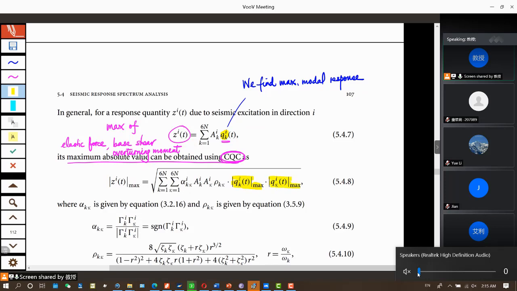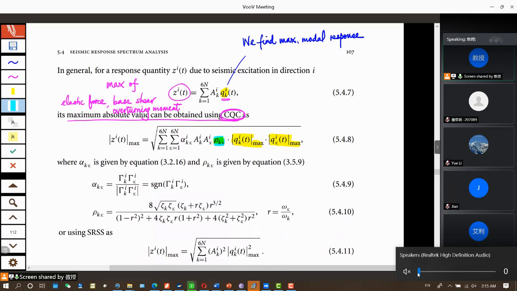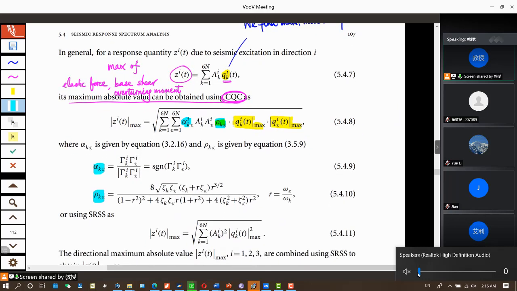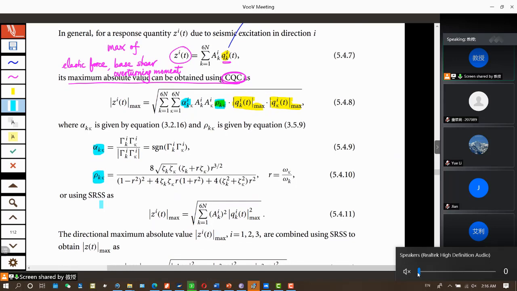Now, as an approximation, we can use SRSS. When can we use SRSS? When the modes are well separated, so the frequencies are not close.